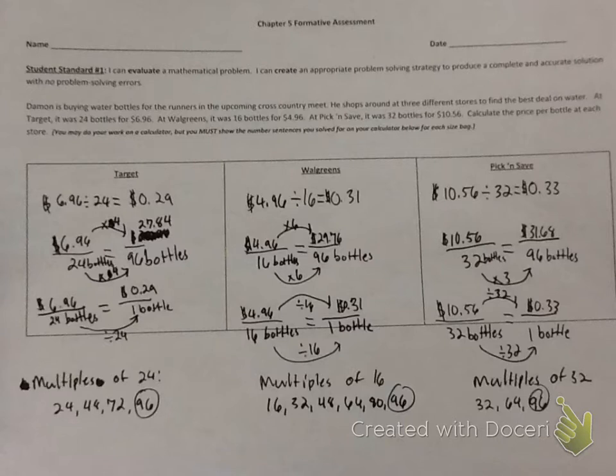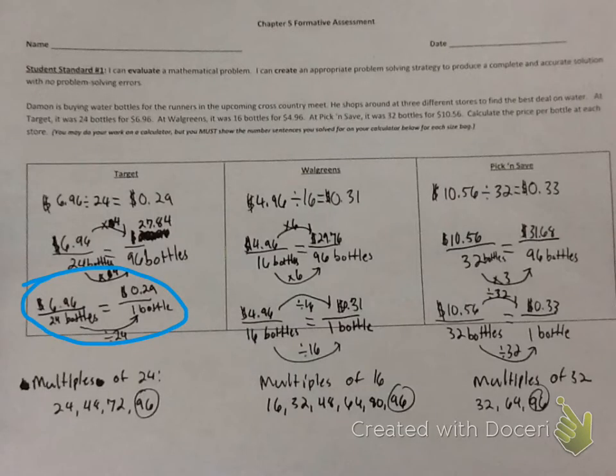The other method was to set up a proportion to show a similar thing, and that proportion would really be down here at the bottom. Okay, $6.96 over 24 bottles. I would then have to scale down to one bottle, the cost for one bottle.